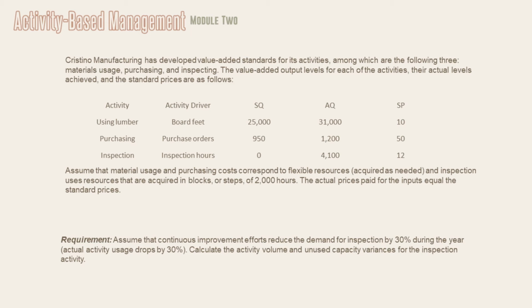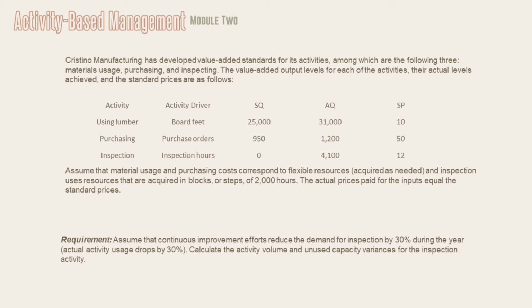Its SQ is 25,000, AQ is 31,000, SP is 10. For purchasing, its activity driver is purchase orders. SQ is 950, AQ is 1,200, and SP is 50. For inspection, the activity driver is inspection hours. SQ is 0, AQ is 4,100, SP is 12.